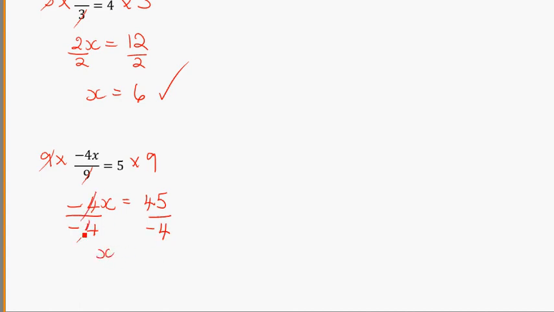That's just 1, and so we're left with x equals negative, because a positive divided by a negative gives a negative answer. 4 goes into 45 eleven times with 1 remainder, and so we get an answer of negative 11 1/4. So you see it's not always a whole number.